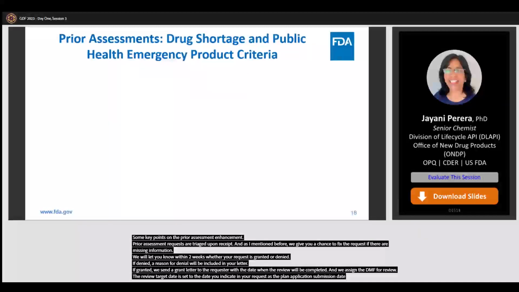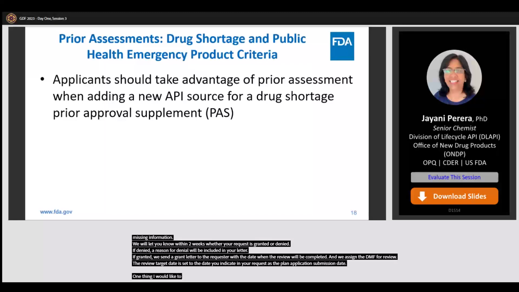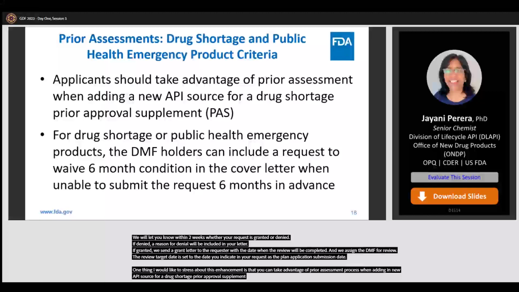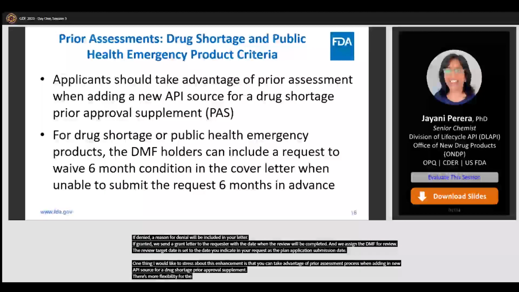One thing I would like to stress about this enhancement is that you can take advantage of the prior assessment process when adding a new API source for a drug shortage prior approval supplement. There's more flexibility for the industry to submit a prior assessment request for a drug shortage or public health emergency product.